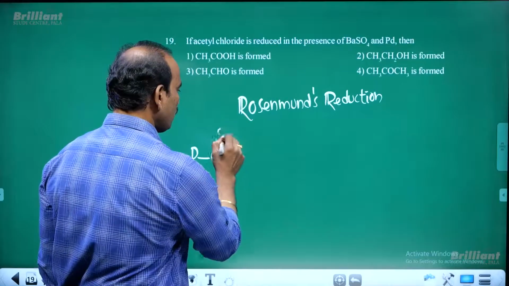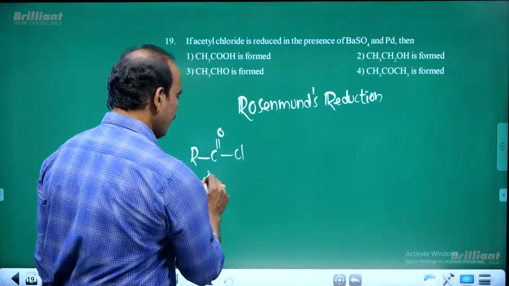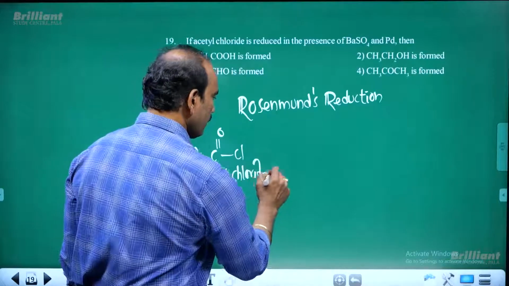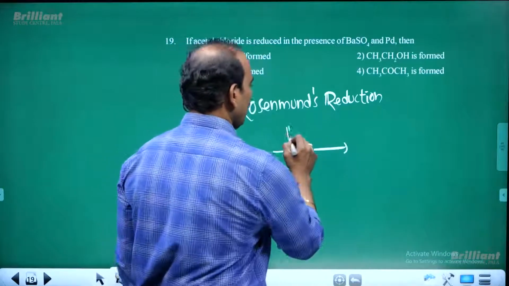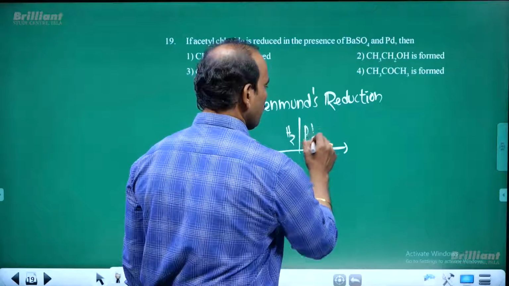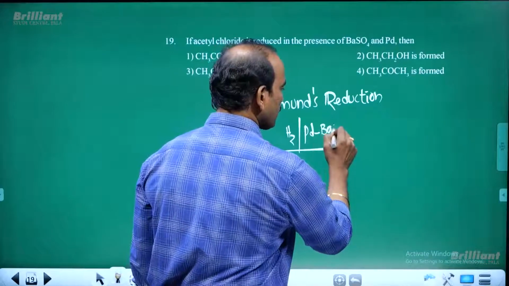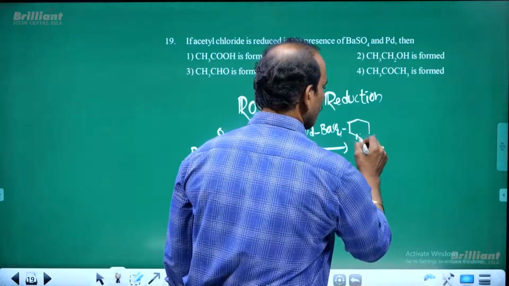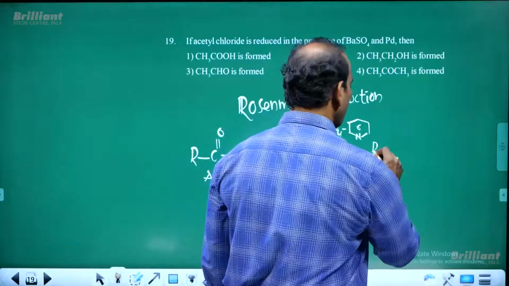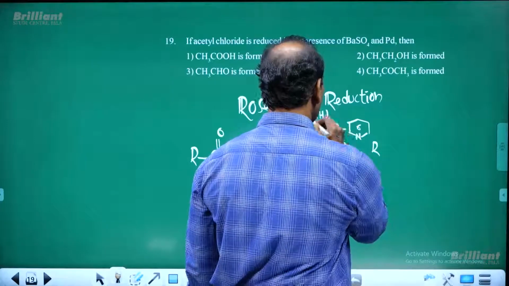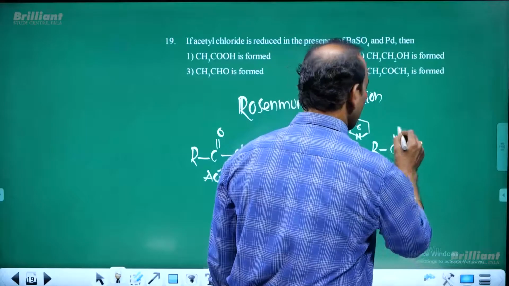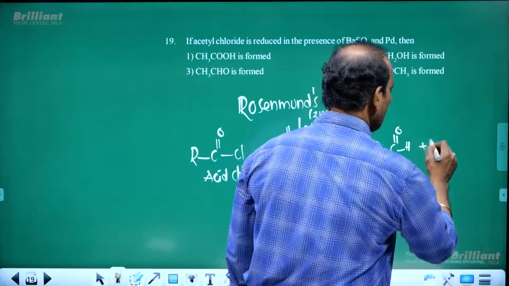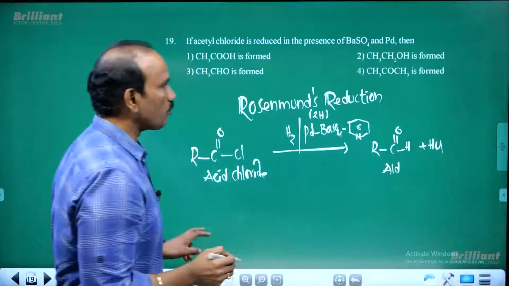RCOCl, an acid chloride, is treated with H2 in the presence of palladium, barium sulfate and quinoline. That gives R C double bond H, aldehydes, plus HCl. You remember one more reaction.